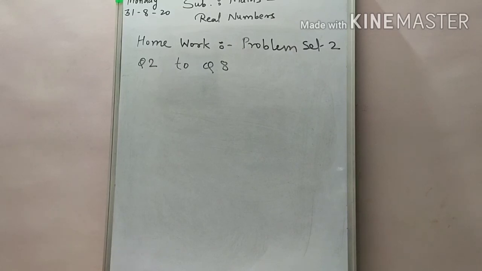Question number 2 to question number 8, all those questions are your homework students, because all examples are simple and based on the concepts we learned in real numbers. So try and complete your homework in the homework book, problem set 2 from question number 2 to question number 8.